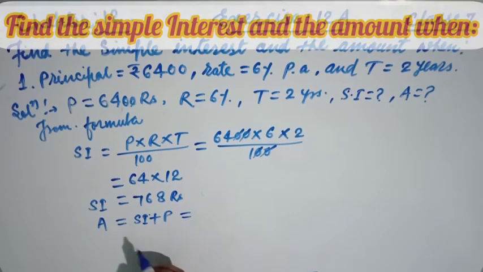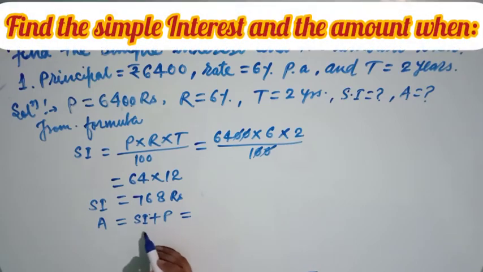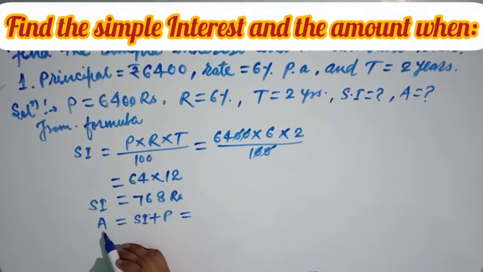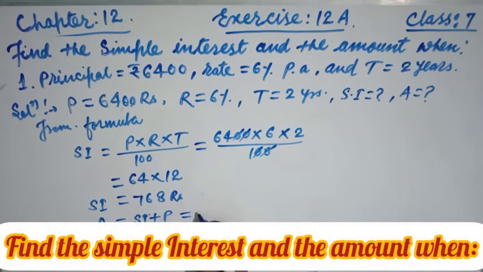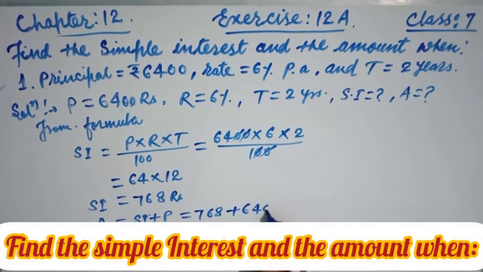Now A, the amount, is equal to SI plus P. Remember friends, the amount is the sum of the interest and the principal, that's called the amount. So SI is given 768, plus P is given here 6,400.